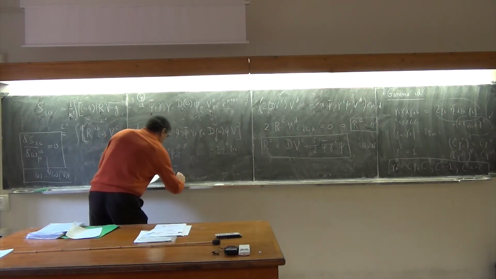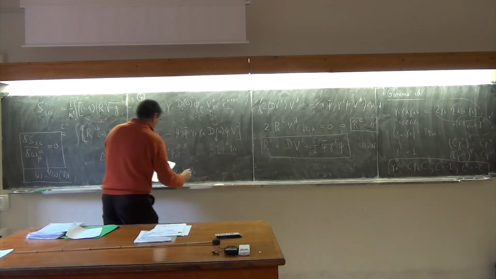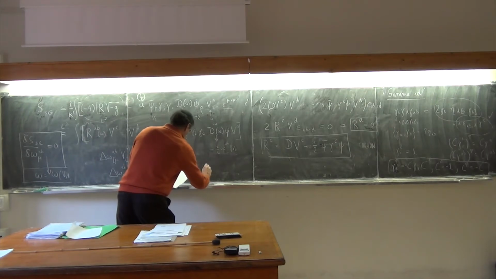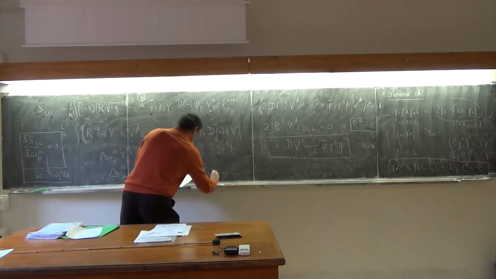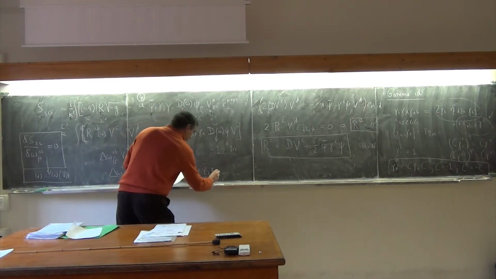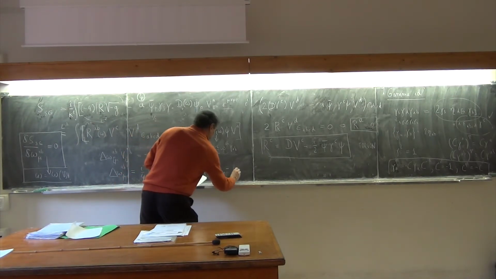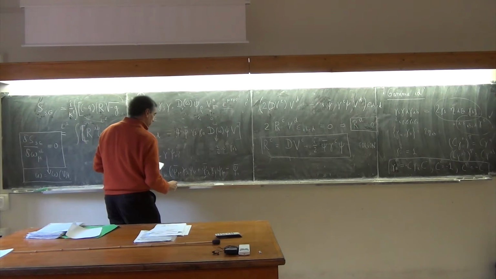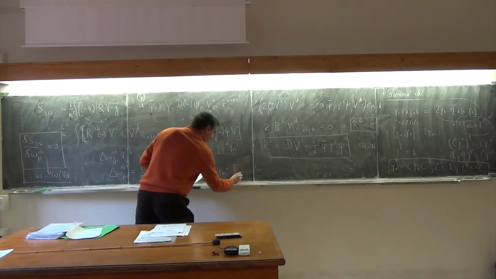Psi bar mu gamma lambda psi nu, plus you have the cyclic permutation gamma mu lambda nu psi mu, and then with the minus sign, the final cyclic permutation, which is nu lambda mu.